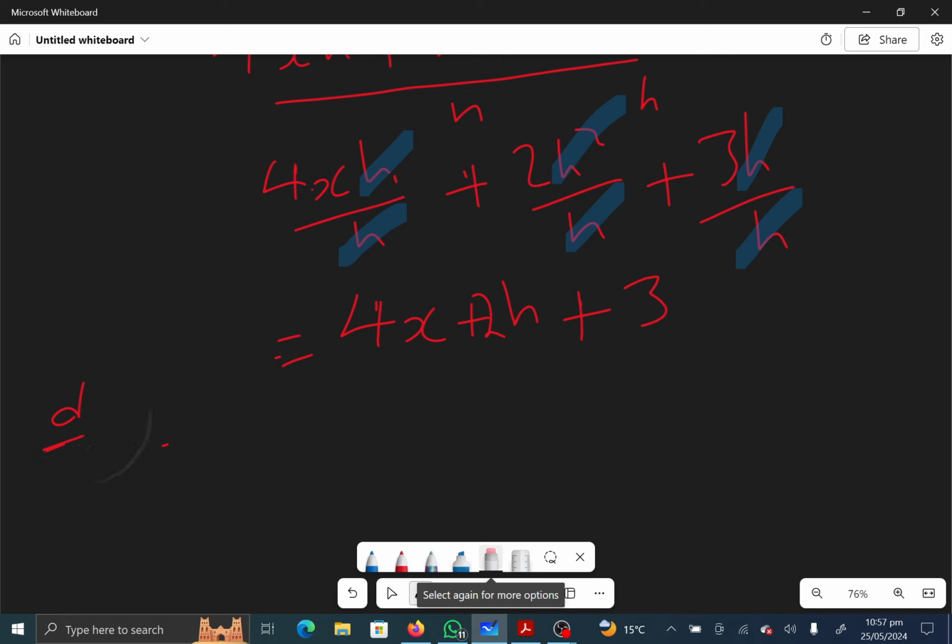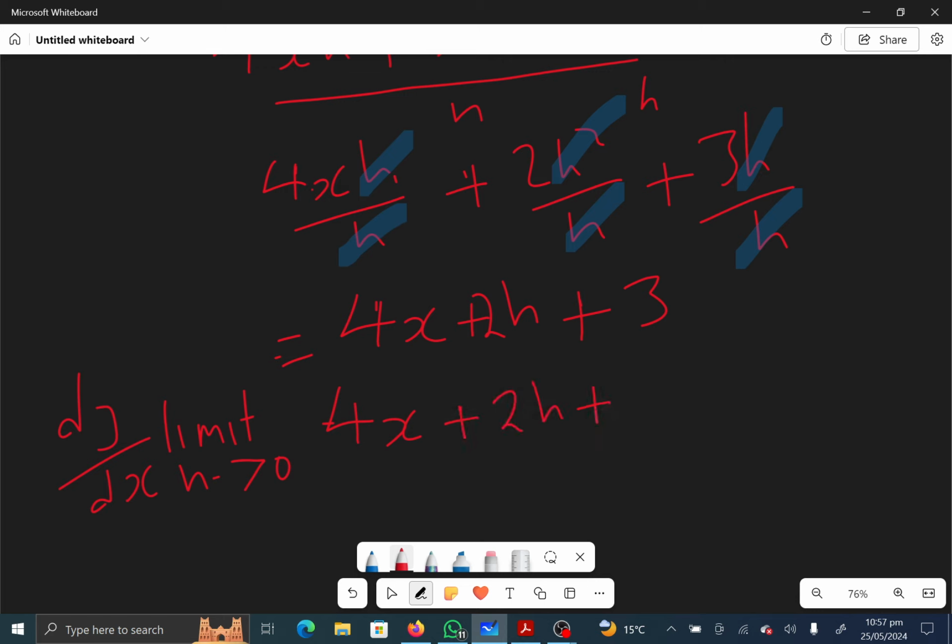let me write properly. So we are simply saying dy over dx, then limit h is equal to 0, then 4x plus 2h plus 3. So since our limit is h is equal to 0, we will put 0 where h is.